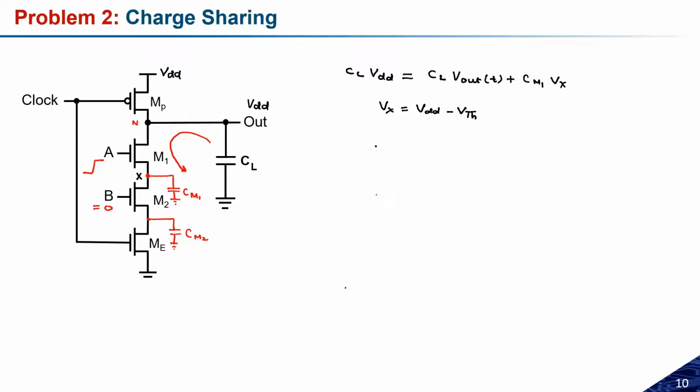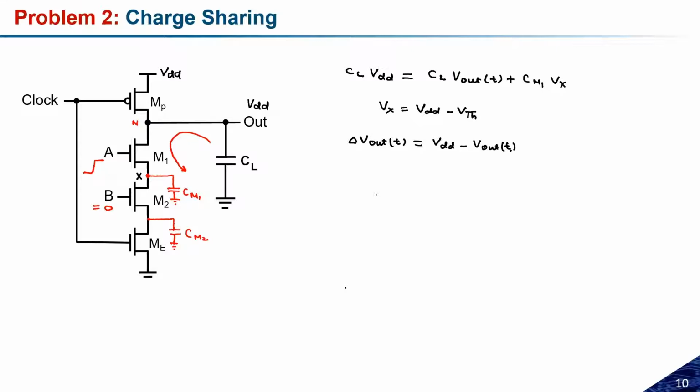Okay, so if we try to calculate delta V output, or the change in the output voltage after a certain time period T, initially it was VDD minus V out T simply.